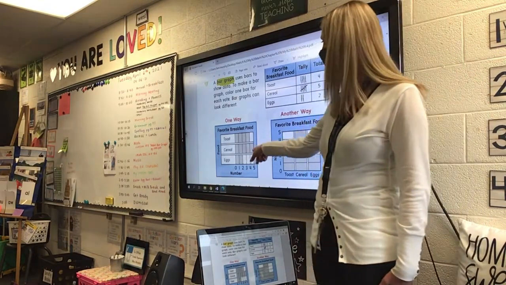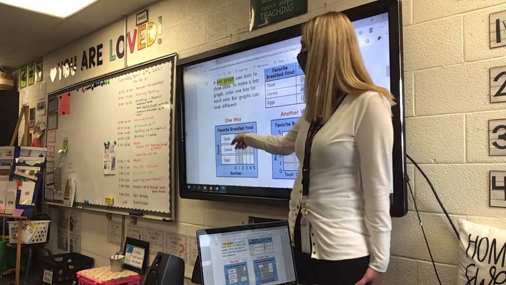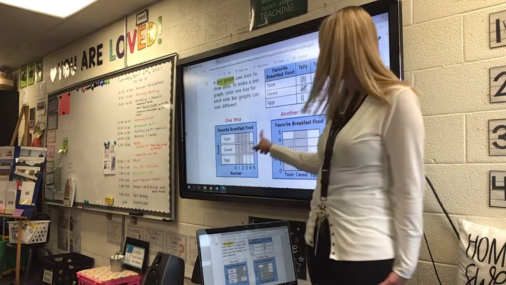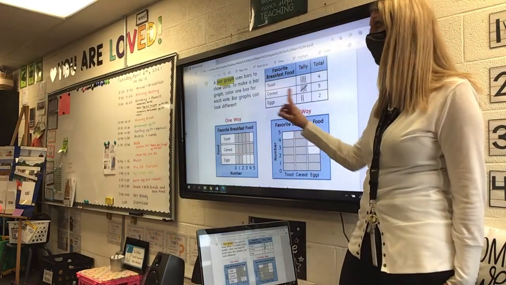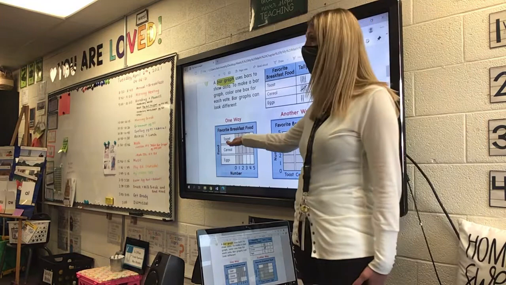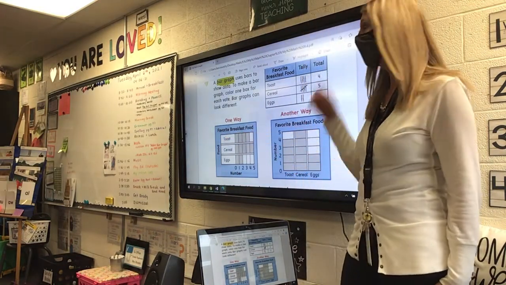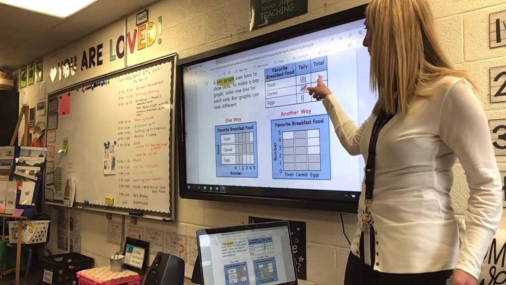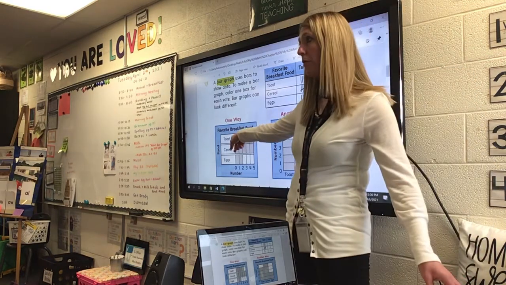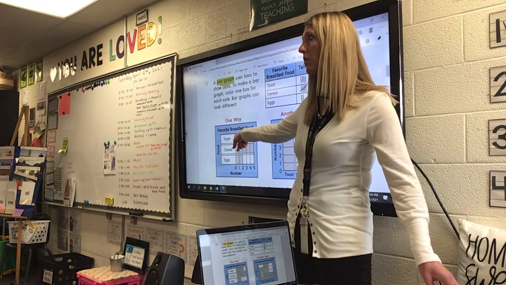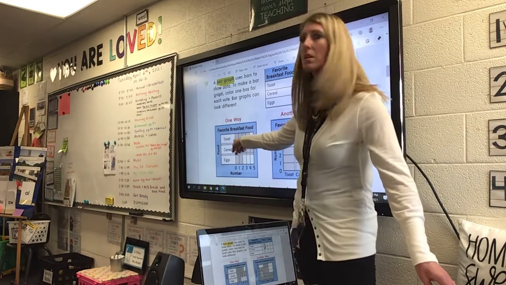Look at these two graphs. Here's one way to make favorite breakfast foods, and here's another way. This one's going horizontal, this one's going vertical. Now look guys, toast is 4. Does this toast have 4? Yes.